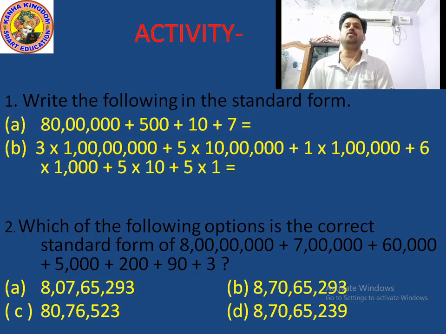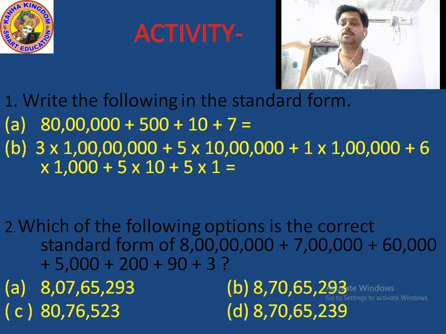It is 3 multiply 1,00,00,000 plus 5 multiply 10,00,000 plus 1 multiply 1,00,000 plus 6 multiply 1,000 plus 5 multiply 10 plus 5 multiply 1.